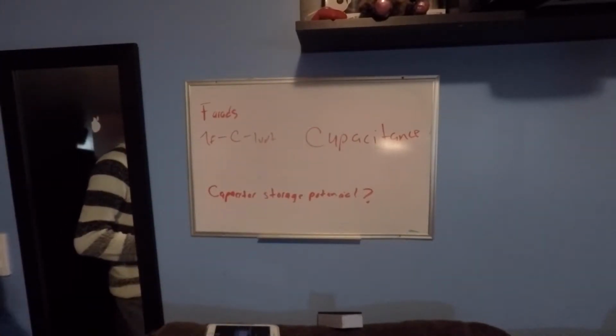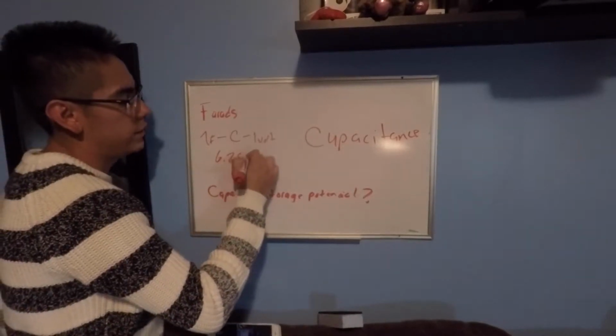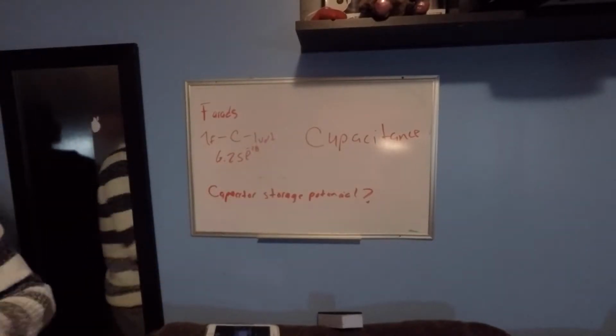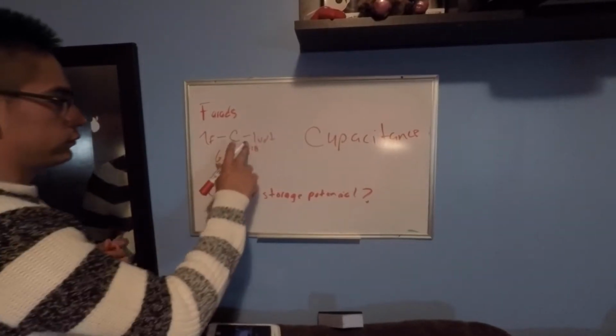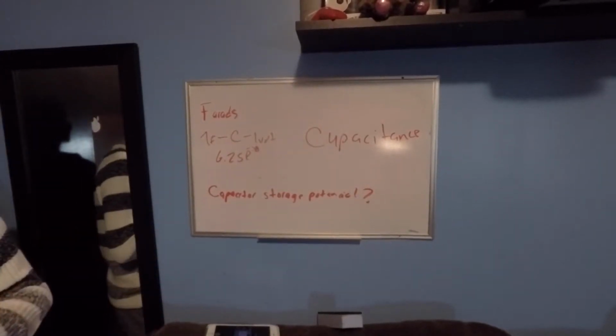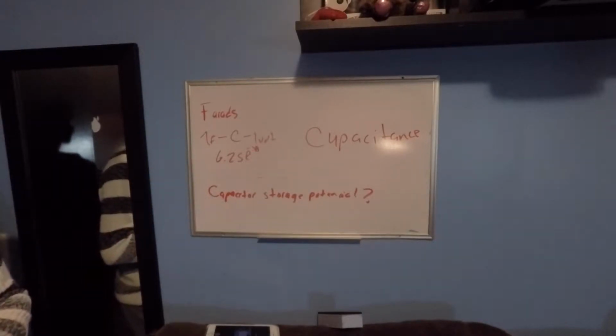A coulomb is approximately 6.24 times 10 to the 18. Sorry, that's my fault. And what is happening here is that it has a lot of electrons.